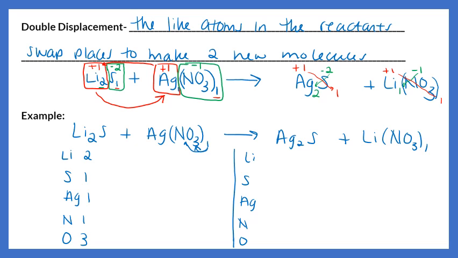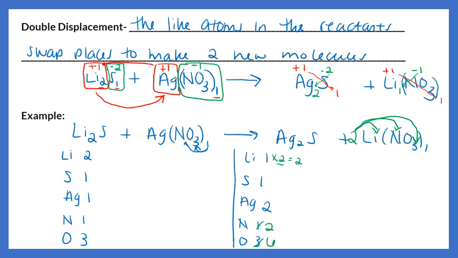Then on the other side, lithium has 1, silver has 2, sulfur has 1, nitrogen has 1, oxygen has 3. Okay, so let's turn my lithium into 2. So that's 2 times 1 is 2, 2 times 1 is 2, 2 times 3 is 6.